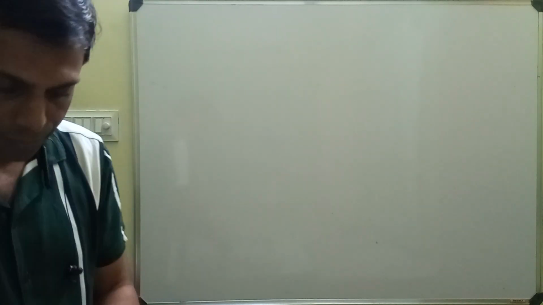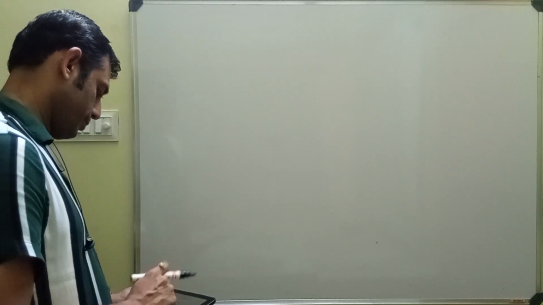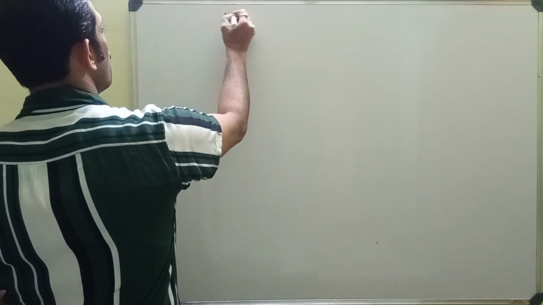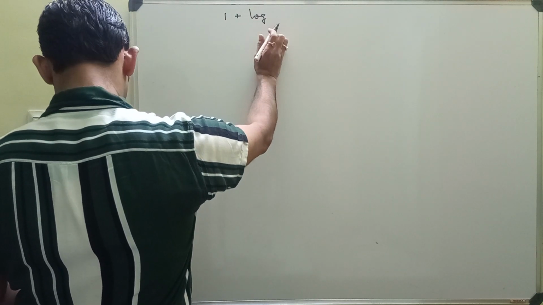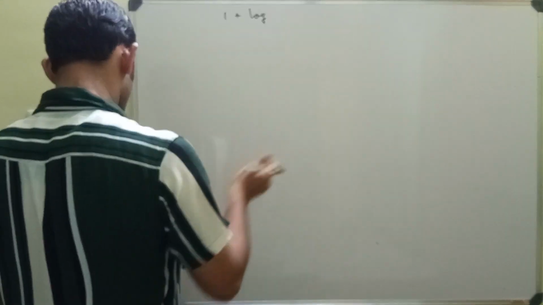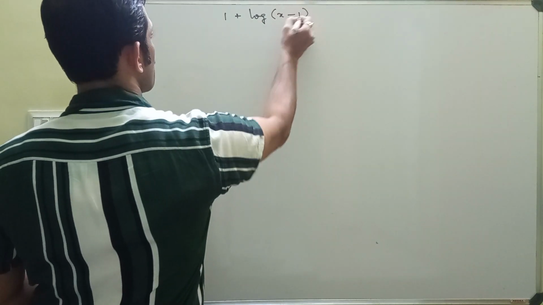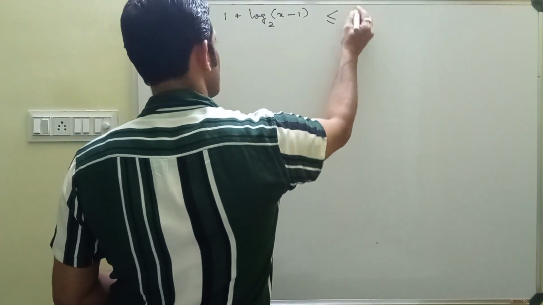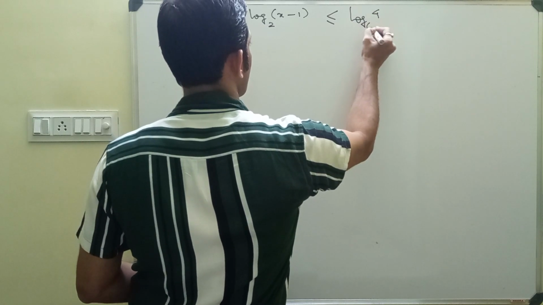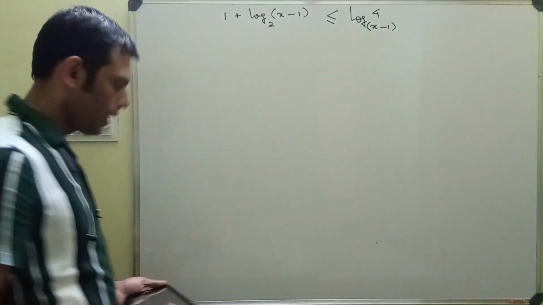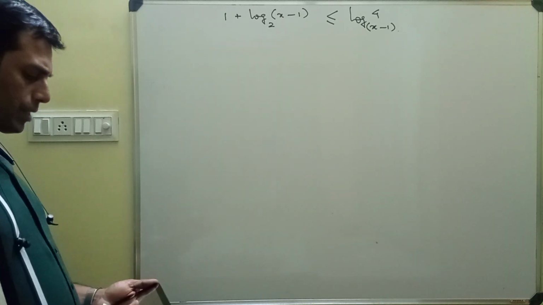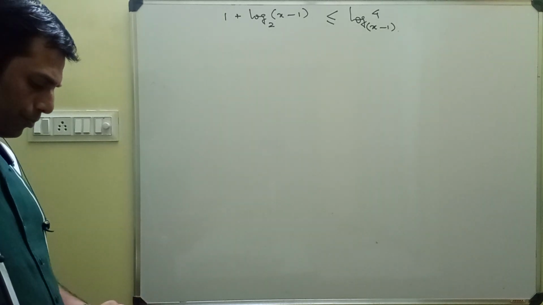Suppose I have 1 plus log of x minus 1 base 2 less than or equal to log 4 base x minus 1. And we need to solve for the set of values of x.